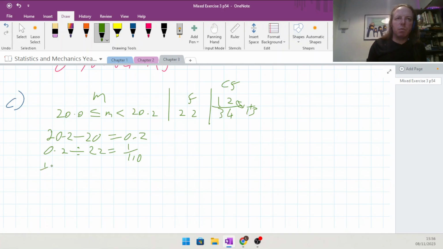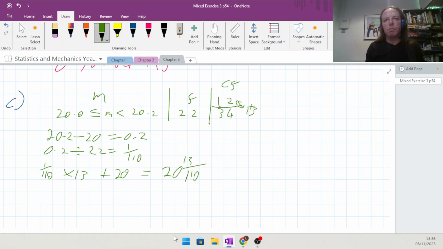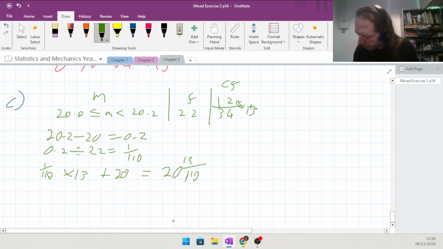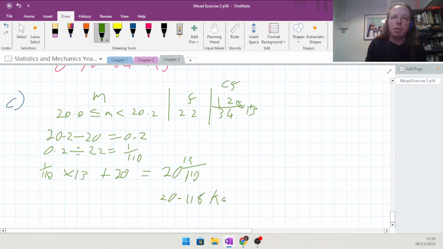So we take 1 over 110 times 13 and add it to the lower bound of the class interval, to give us 20 and 13/110ths, which is basically 20.118 kilos for the median. And that's it.